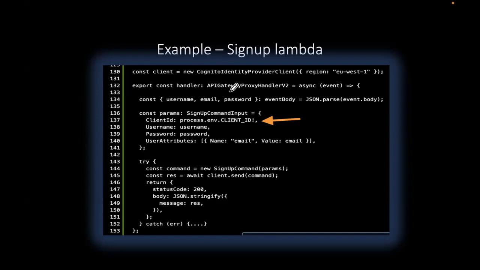The payload is obviously contained inside the event object, and the AWS Lambda proxy integration would package the payload inside the event, so I can extract it from the event itself by means of event.body. Yeah. So I've got these three values.